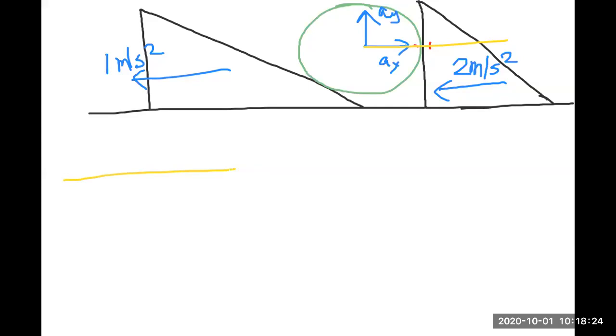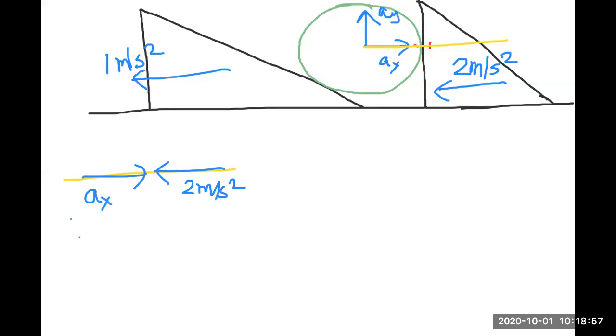So, for my convenience, I draw this yellow line somewhere else and I draw the acceleration of the sphere and the acceleration of the wedge along the yellow line. Please notice, जो perpendicular है yellow line के, उससे मुझे कोई मतलब नहीं है. तो ये दोनों acceleration same होने चाहिए.